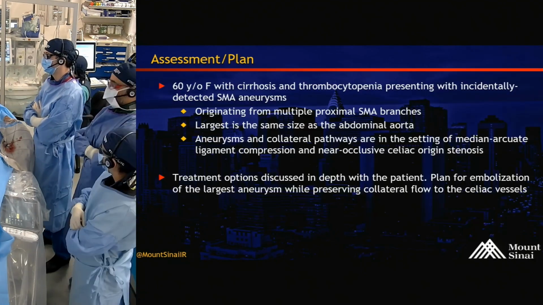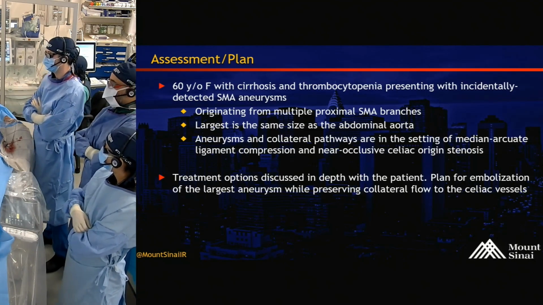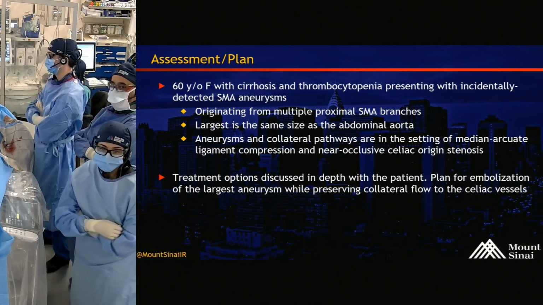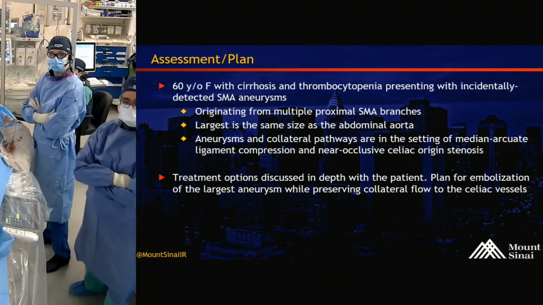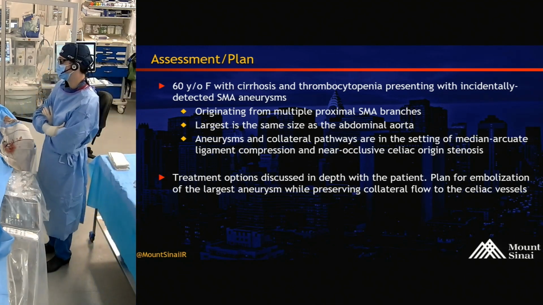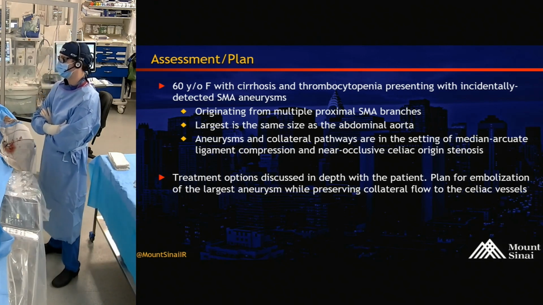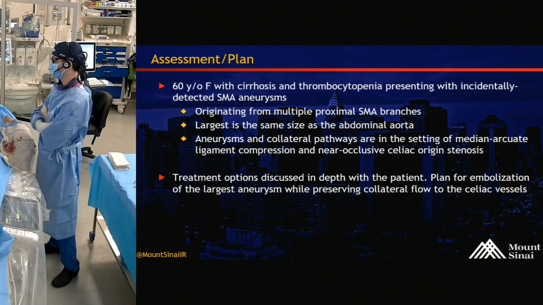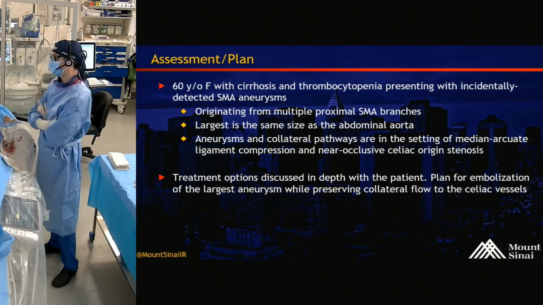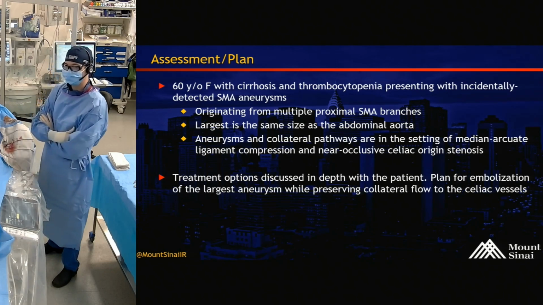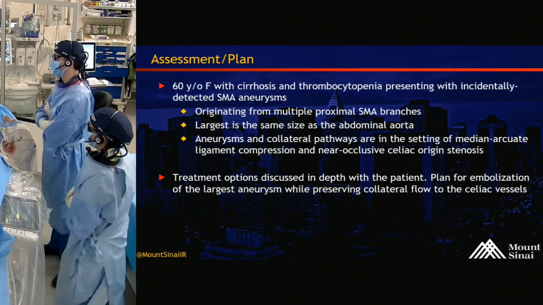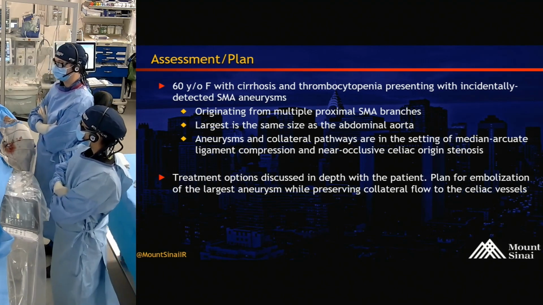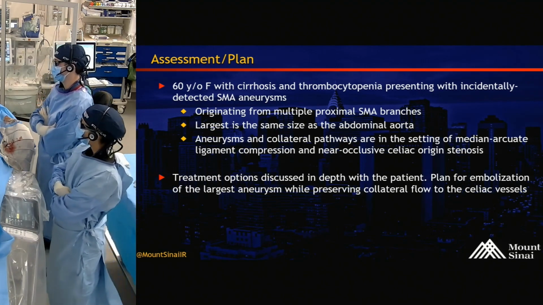So in summary, we have a 60-year-old woman who has multiple incidentally identified SMA aneurysms, and the significant piece here is that she has cirrhosis and thrombocytopenia with concern for increased risk of bleeding and rupture. These originate from multiple proximal SMA branches, and the largest is the same size or slightly larger than her abdominal aorta.